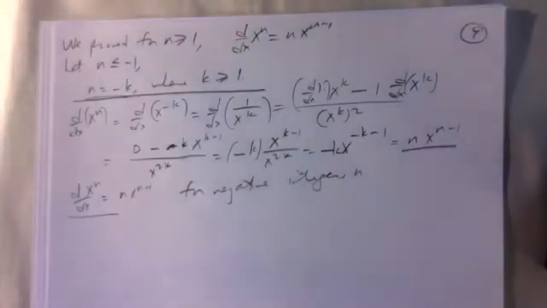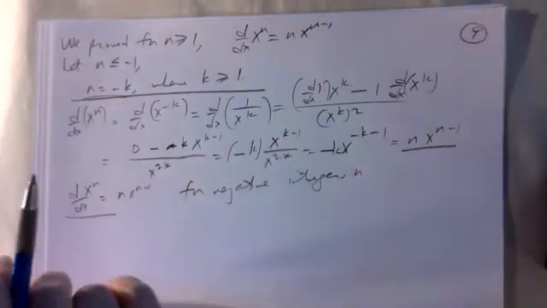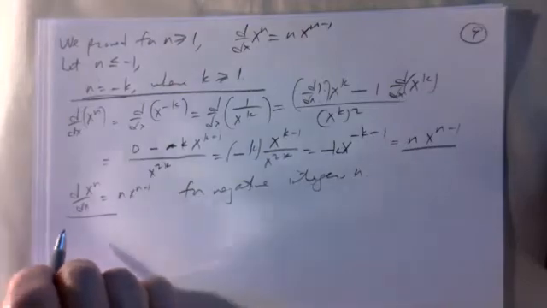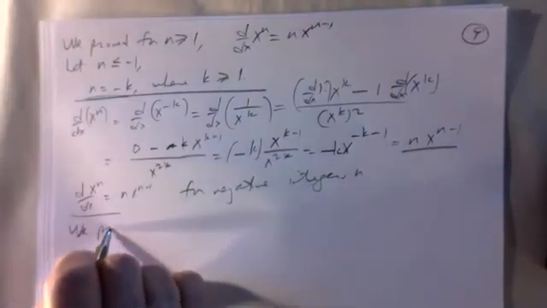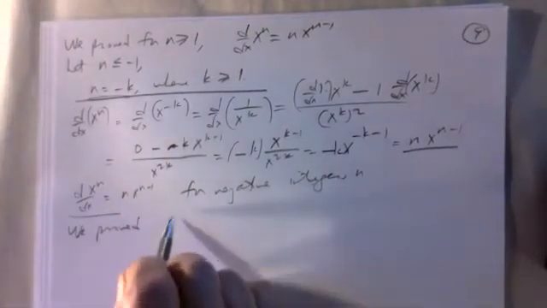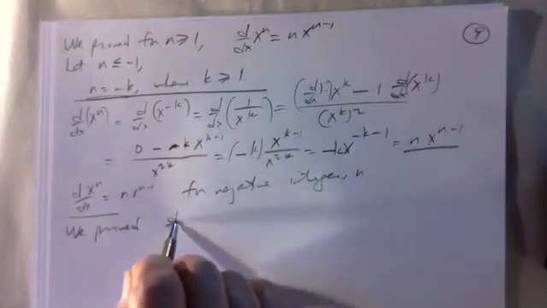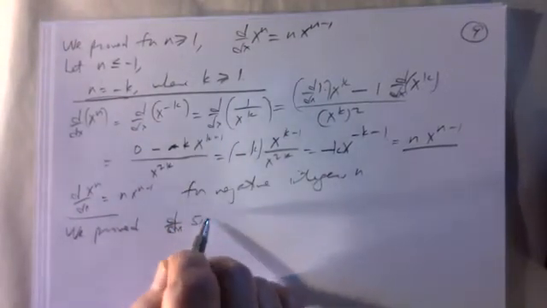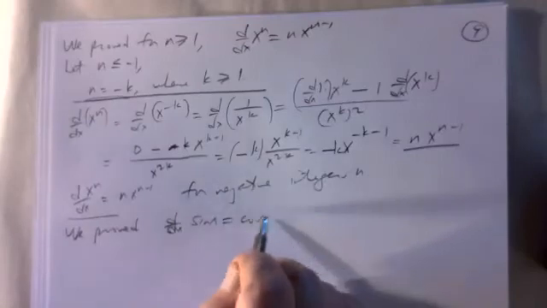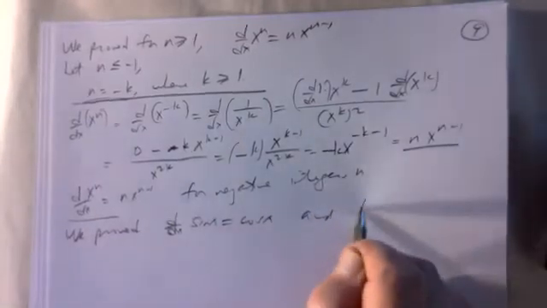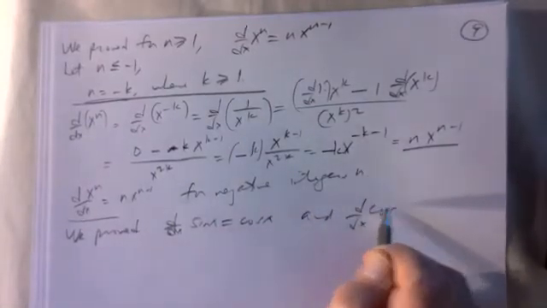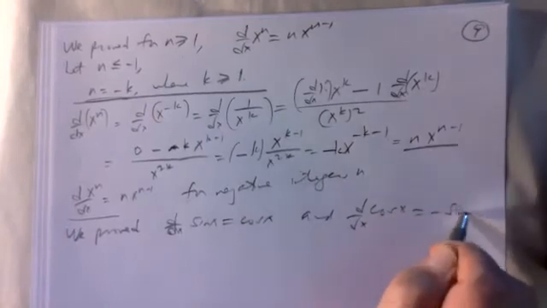We can also now find the derivatives of all of the trig functions. Remember, we proved that the derivative of the sine is the cosine, and the derivative of the cosine is minus the sine.